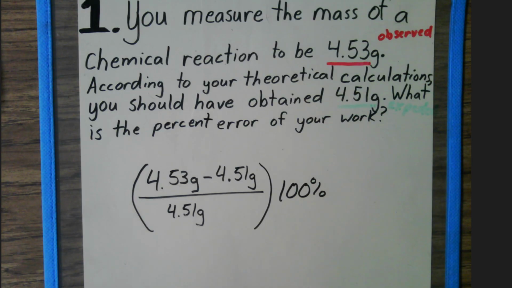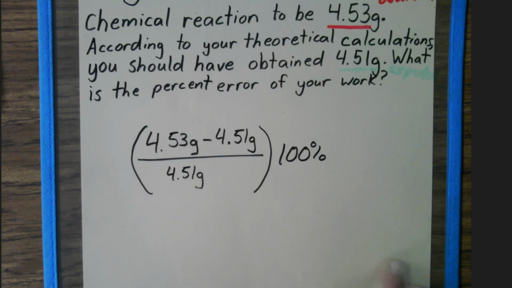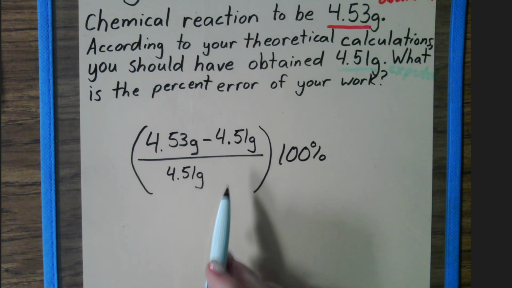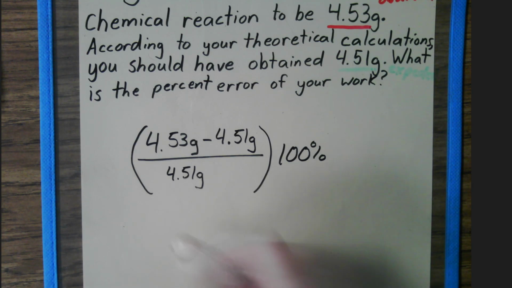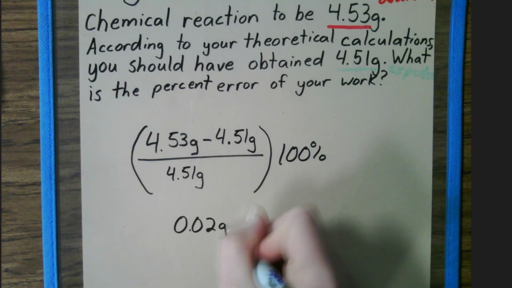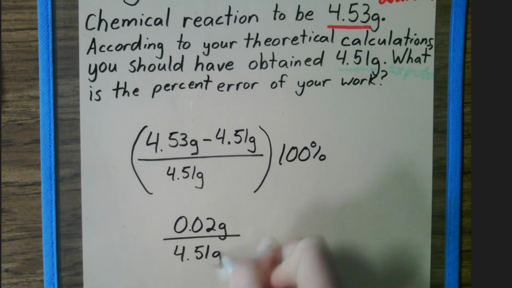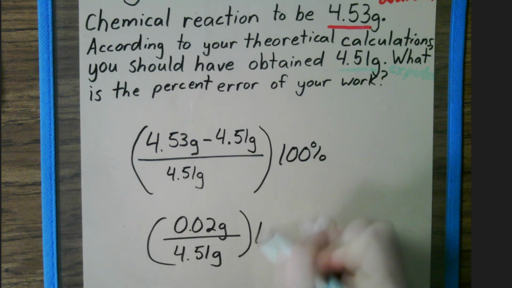I could just put this all in the calculator, but I am going to break it down to more easily understand this. So we'll subtract first, 4.53 minus 4.51, which will get us 0.02 grams over 4.51 grams. I'm just bringing this down.